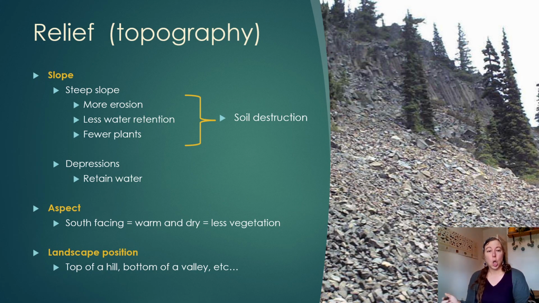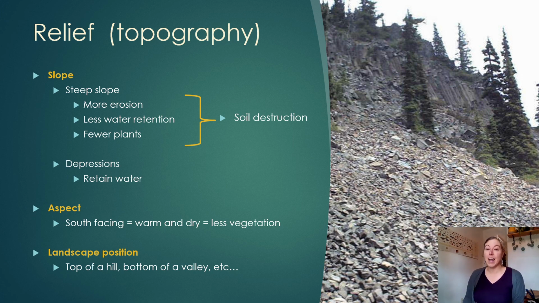Continuing on in our CLORT, we have relief or topography. I've got 3 parts to this: slope, aspect, and the position of the landscape. So the slope is basically how steep your slope is. So if you have a really, really steep slope, you're going to have more erosion due to gravity, like physical erosion.